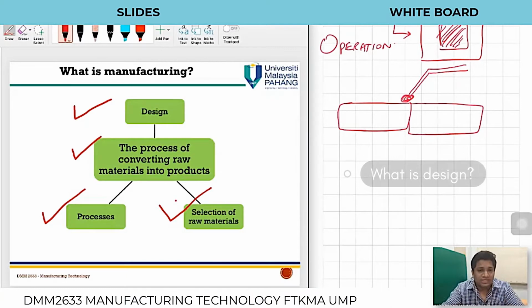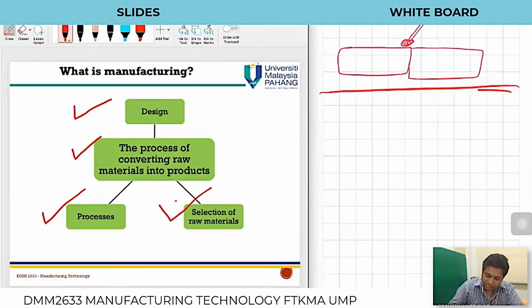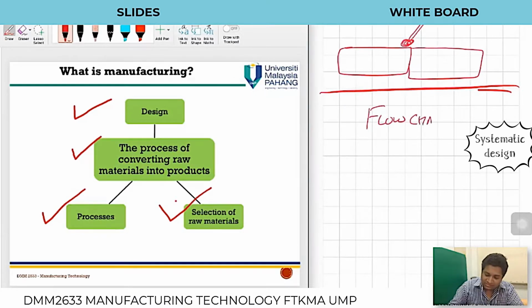Design, what is design? Product design basically involves a creative and systematic description. Last time I told you that we have got a flow chart, right? A flowchart is also basically a systematic design.